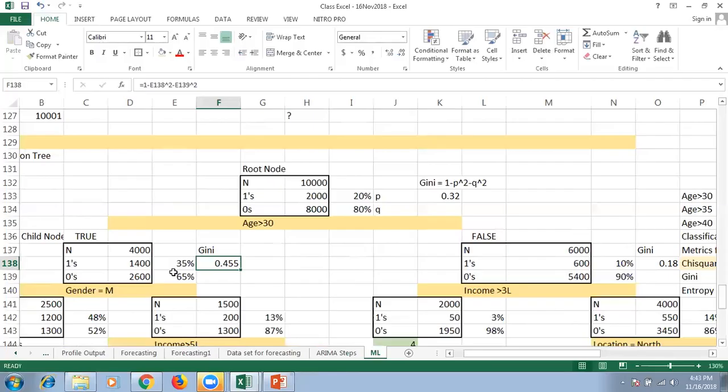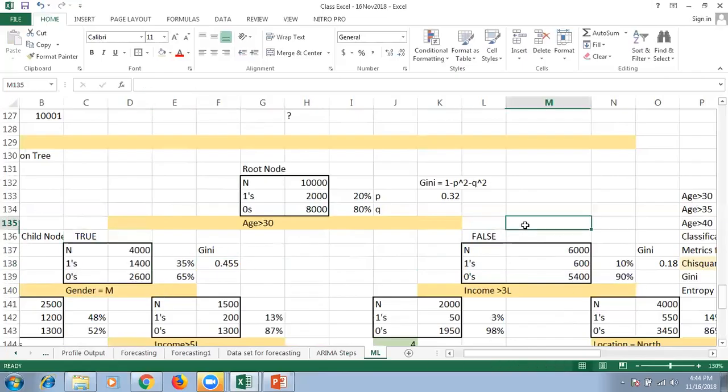Okay. So how will this be helpful as a splitting criteria? Right now you calculate the Gini at a node level. From the root node, this got split into two nodes, and for each node you got the Gini value.